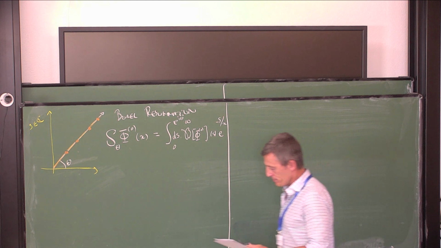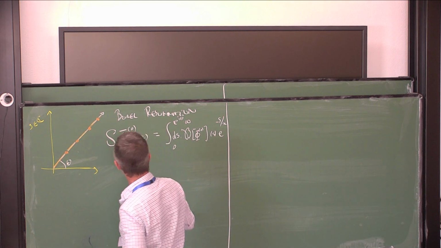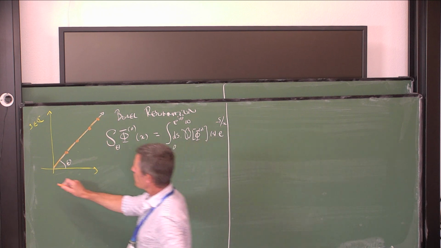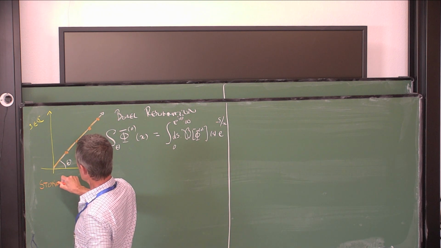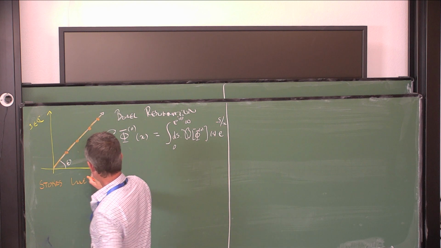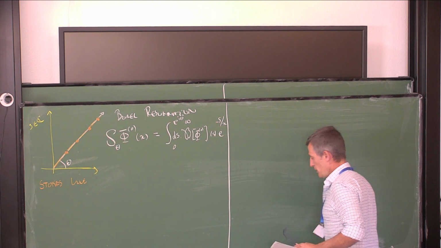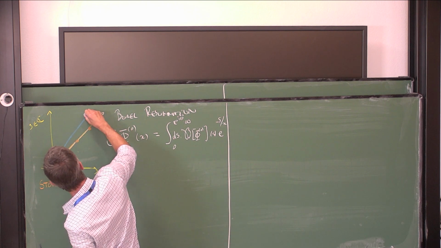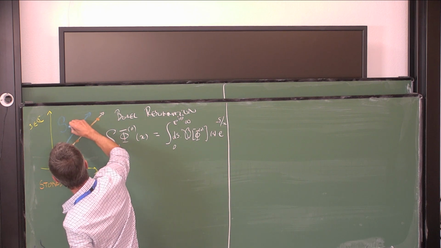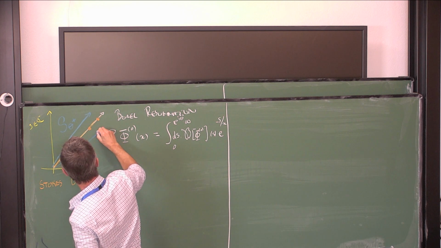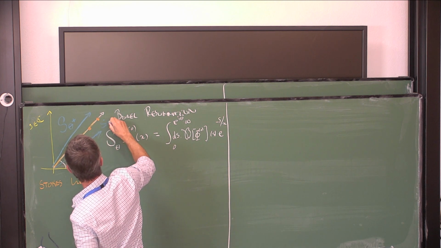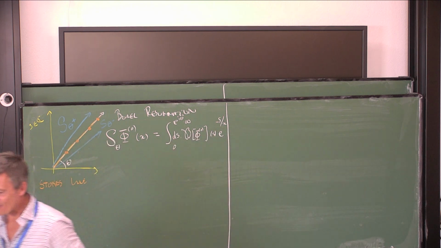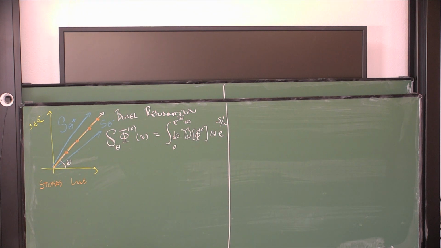So what you do is you have to, this is called a Stokes line. It's in orange. Let me write it in orange. It's a line of singularities on the Borel plane. And what you do is you define basically lateral Borel resummations, slightly to the left and slightly to the right.